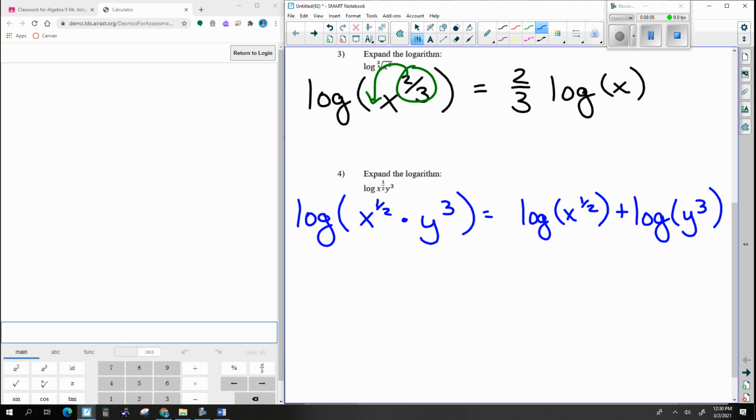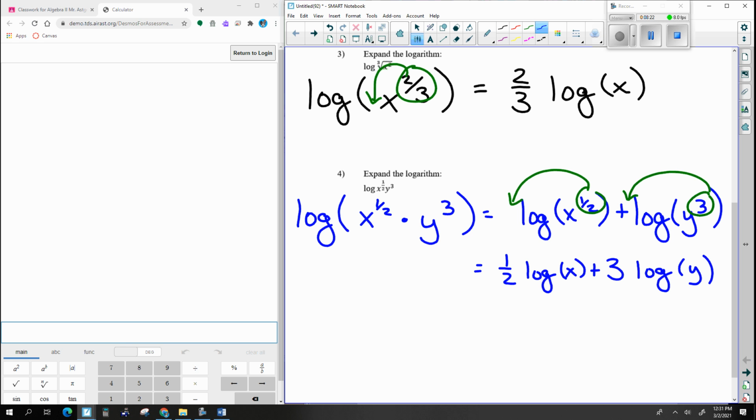As soon as that's accomplished, I analyze my problem and any exponents are going to drop in front of these logs. So this is going to be 1/2 log x plus 3 log y. There's your expanded logarithm.